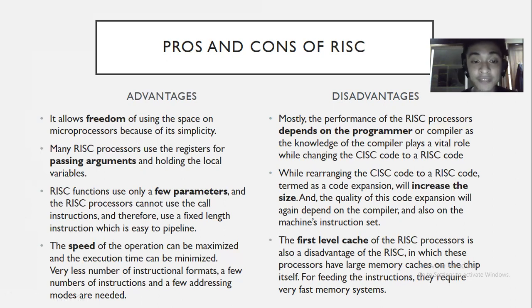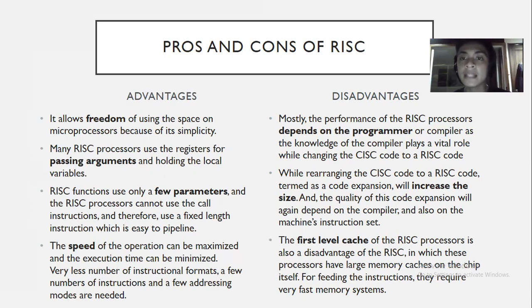A very small number of instruction formats, a few instructions, and a few addressing modes are needed. So in comparison to CISC, both the speed and the execution time can be adjusted if the programmer knows what they're doing, or if the assembly language allows it.